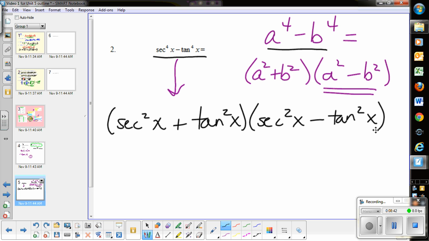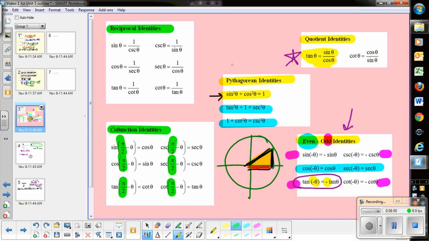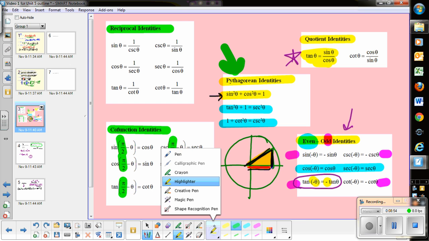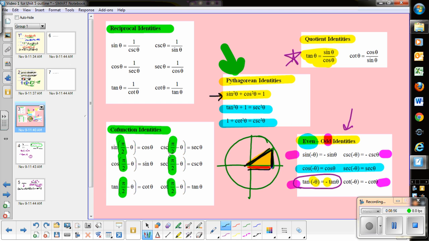Now, I remember seeing some things on that formula card that had a lot of stuff with squares. Remember seeing that? It was in the Pythagorean identity section right here. So I'm going to see if I can find something that would be of use. The one that I think is going to be useful here is this one. And the reason I think it's useful is that my problem had secant and tangent in it.